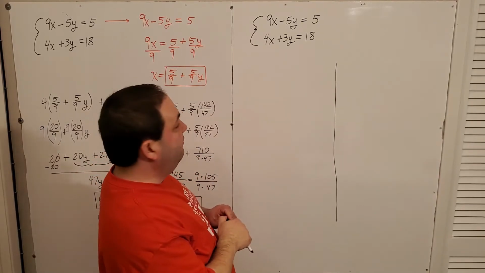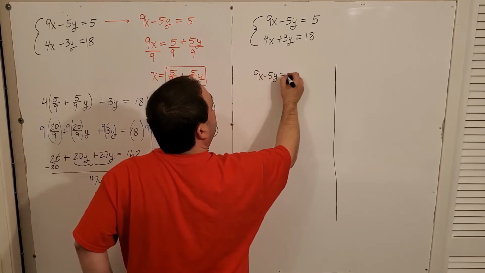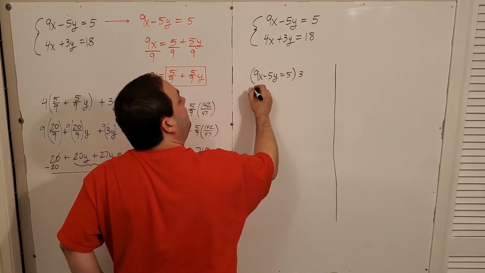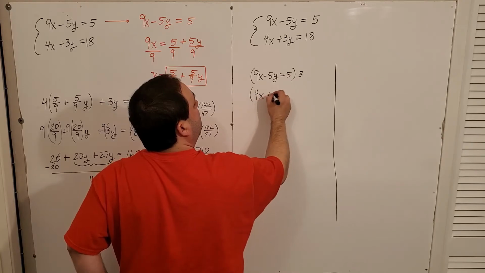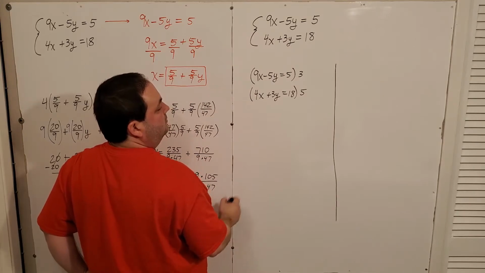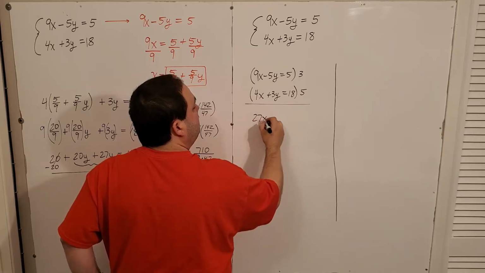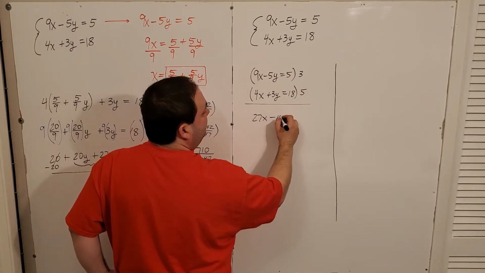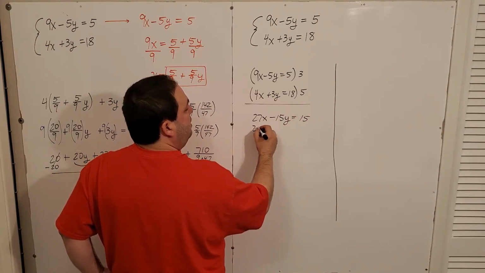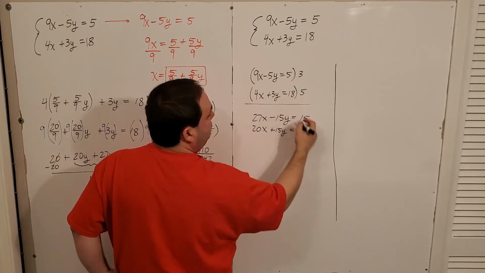5 and 3 both go into 15. So when I take the top equation and I'm going to multiply it by 3, and then the bottom equation, and I'm going to multiply it by 5. The result is going to give me 27x minus 15y is equal to 15, and 20x plus 15y is equal to 90.